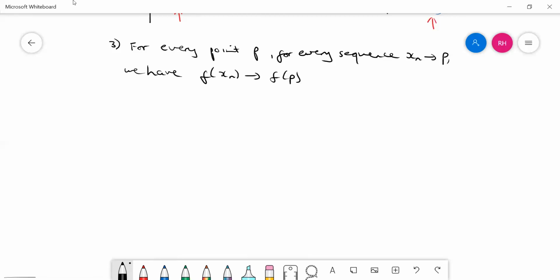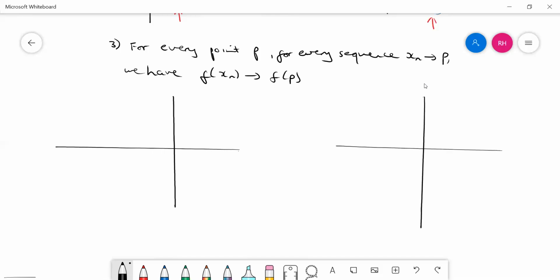Okay, so the way you might like to think of this is, I suppose I could draw my lines again. I suppose I could use the same one and just rub out, but maybe that's going to be confusing for people. So once again, we've got Rn, and here we've got Rm.